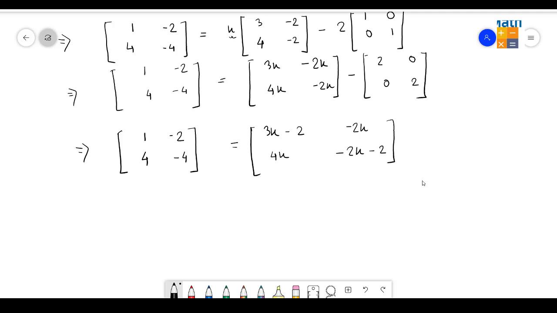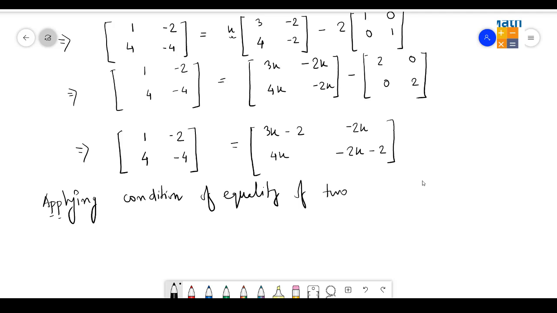So the condition of equality of two matrices is applicable here. What is the condition?